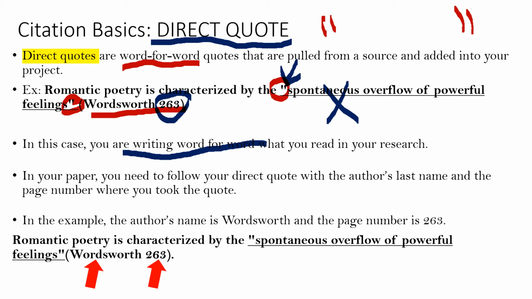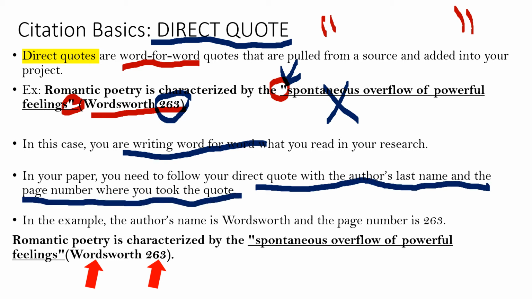That's a direct quote. In your paper, you're going to need to follow your direct quote with the author's last name and the page number where you took the quote. In the example we have above, romantic poetry is characterized by the spontaneous overflow of powerful feelings. Do you notice this part here? After I've quoted directly, I have a parentheses, I have my author's last name, and I have a page number.